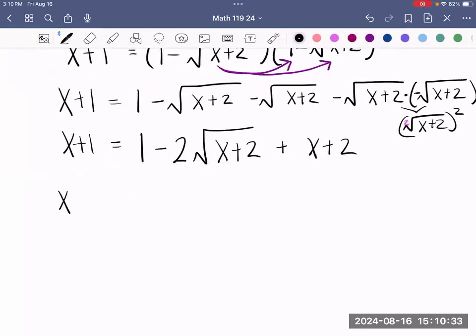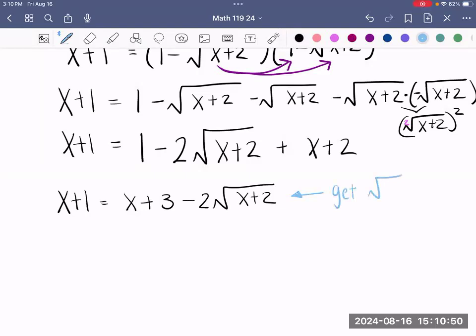So now we can go ahead and combine your like terms. So you have x plus 3 minus 2 square root of x plus 1. So at this point, we're going to one more time get the radical alone to one side. So let's bring over your x.